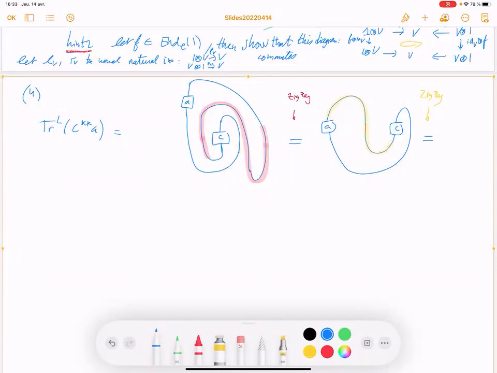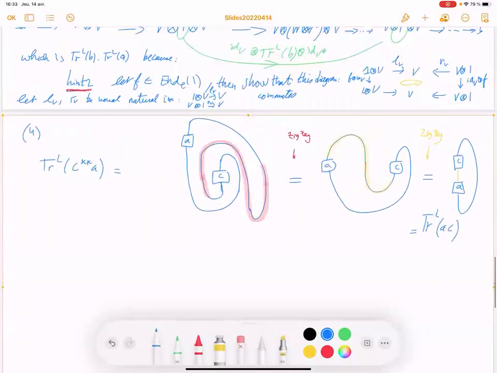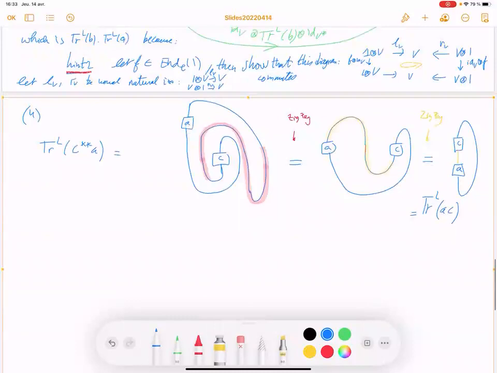So C, A, you have the zigzag, and like that, which is equal to the left trace of AC. So you see, by picture, this is really easy.